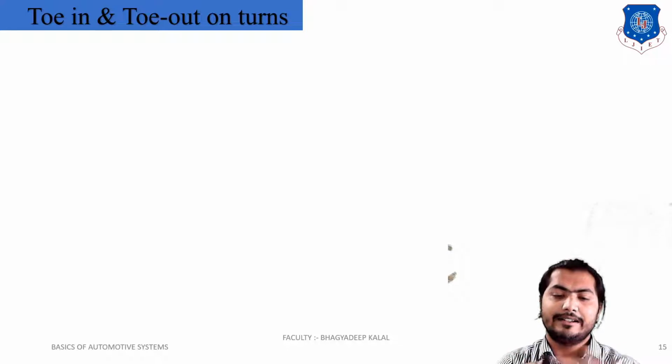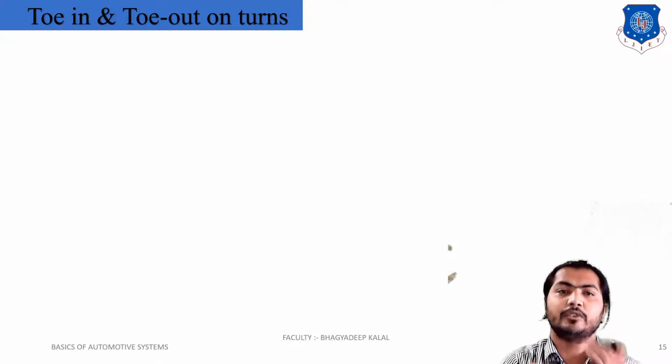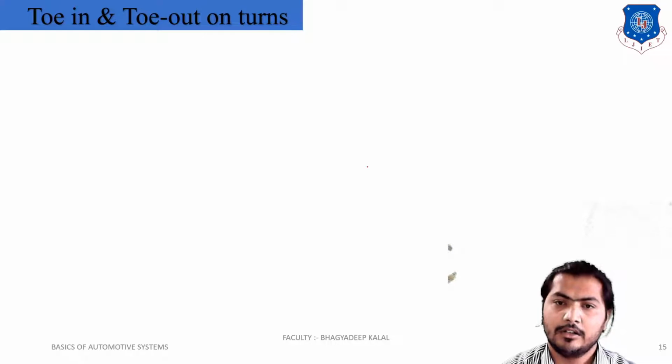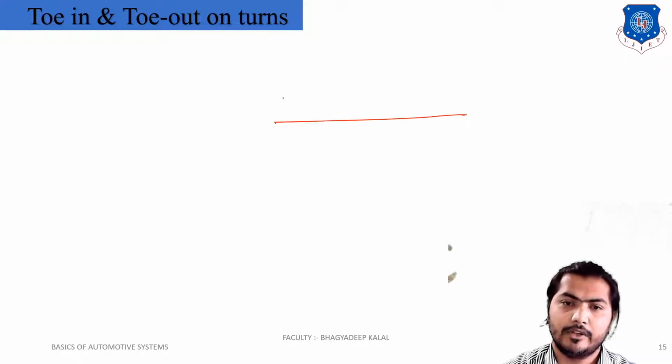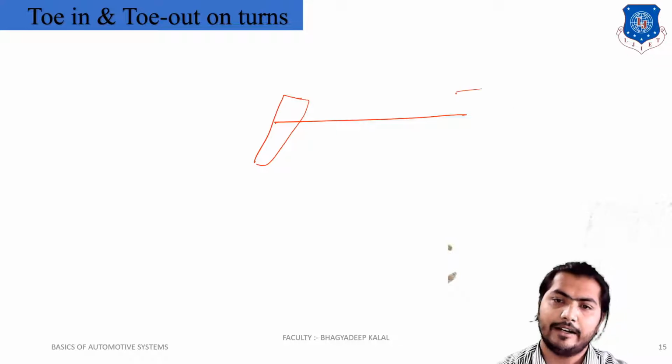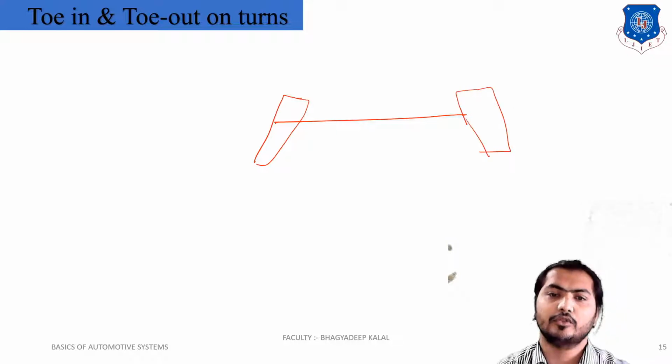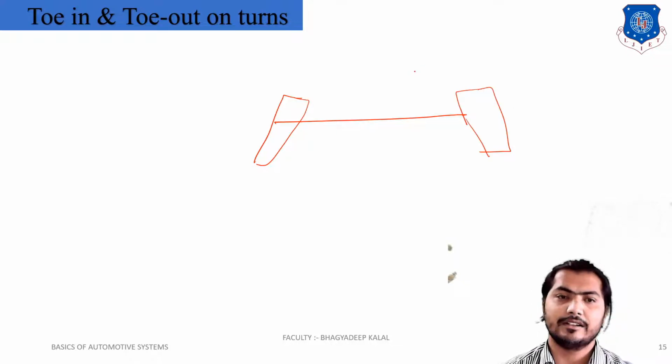That means the distance between the wheels at the front side of the axle is less compared to the rear side. The distance at the rear increases and the distance at the front reduces. What happened? This is our front axle and two wheels. Okay, so this is the condition of toe in.